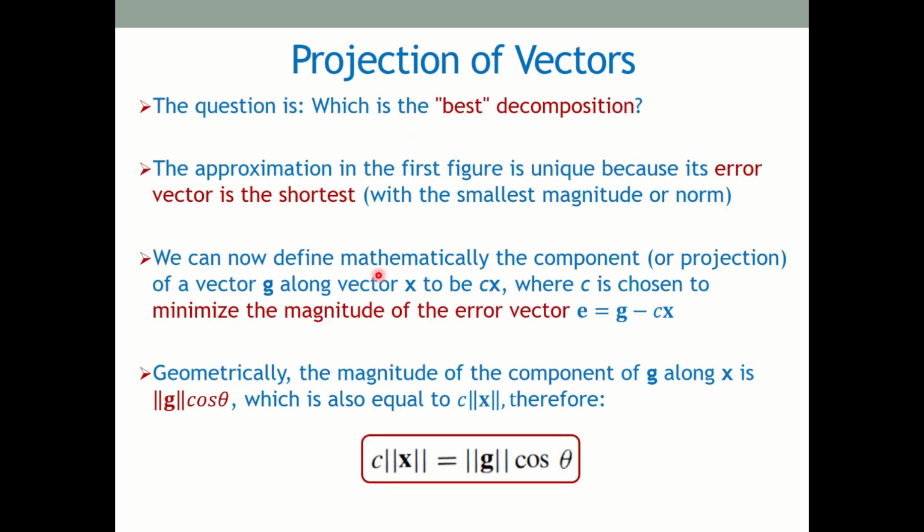So as we said, the unique way of representing is when the error vector is the shortest. So we can now define mathematically the component or projection of a vector g along x to be cx, where c is chosen to minimize the magnitude of the error vector.